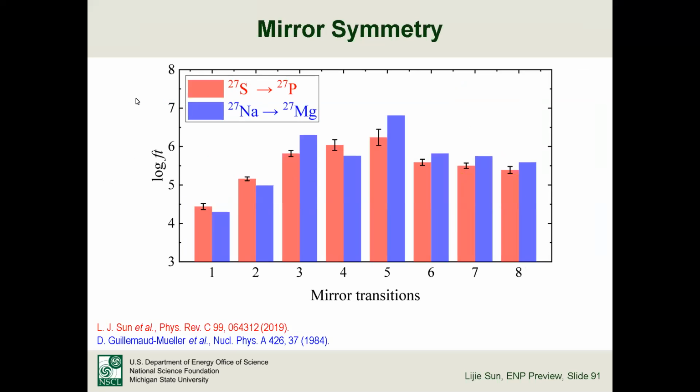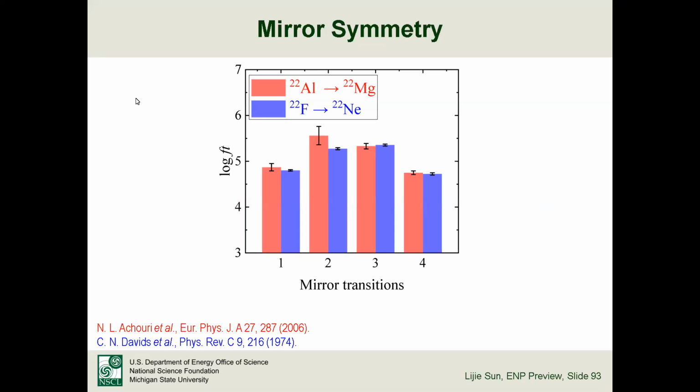Then also for sulfur-27 and sodium-27, some asymmetries were observed. Then aluminum-22 and fluorine-22, the data are incomplete, but we still can see some asymmetries.